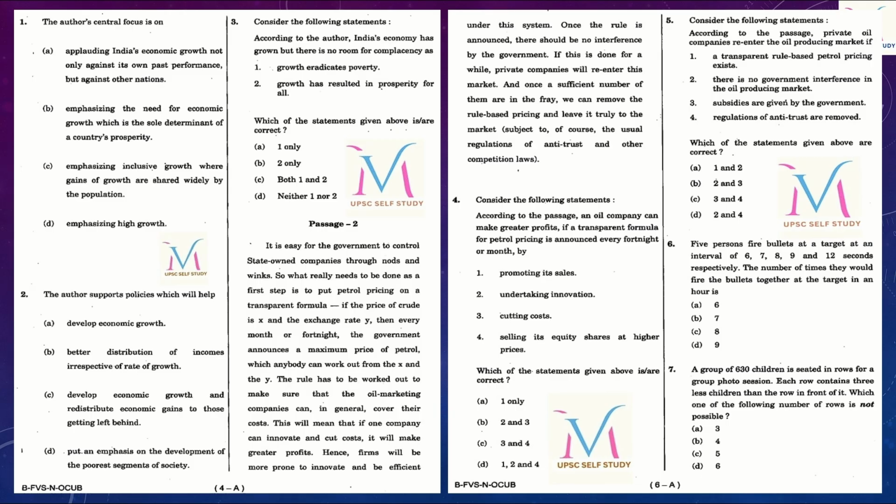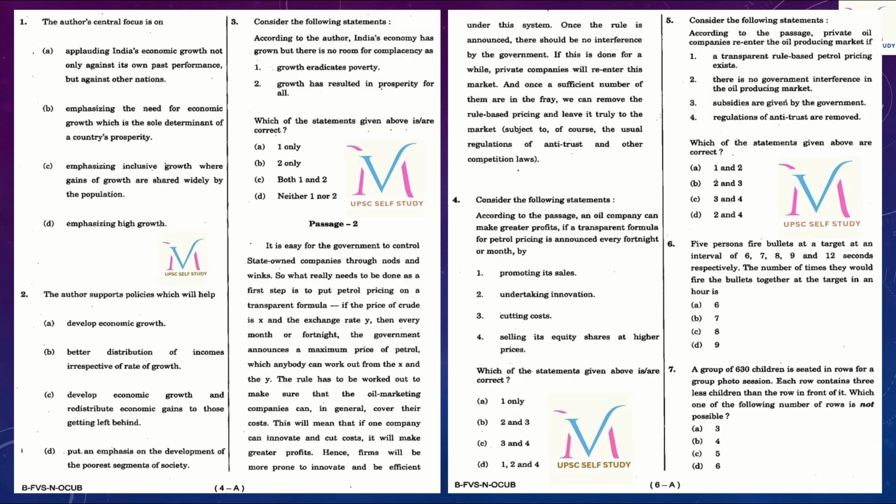So when do the private oil companies re-enter the oil producing markets? That is option A, 1 and 2. A transparent rule-based petroleum price exists, and the petrol price is not a particular constant price, so the private companies have the chance to get involved in the oil producing markets, and there is no government interference in the producing market.